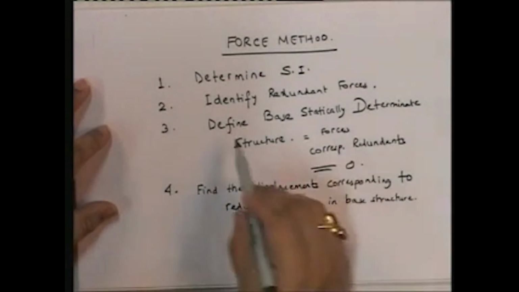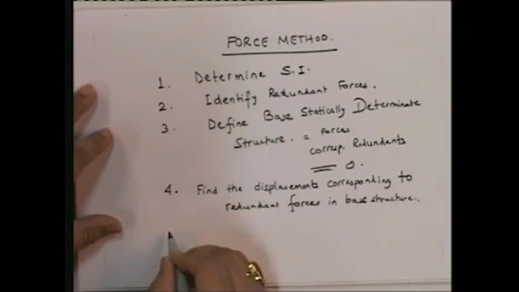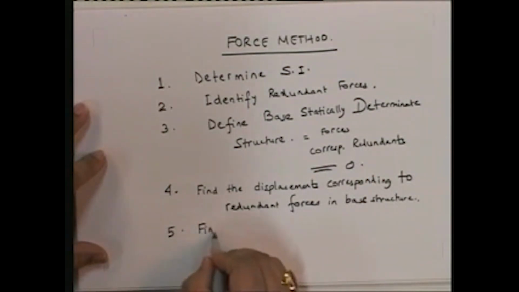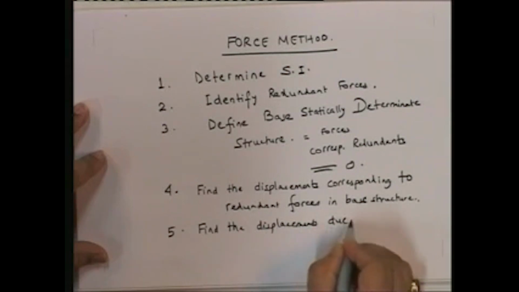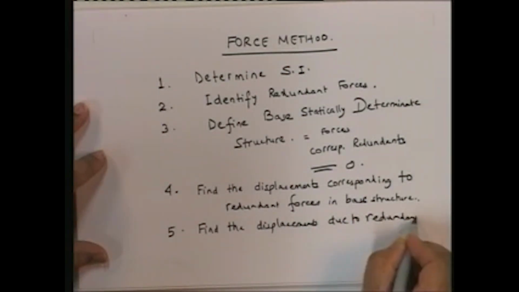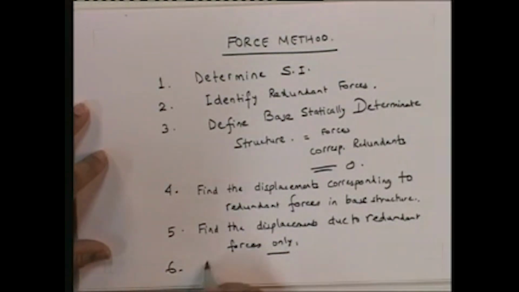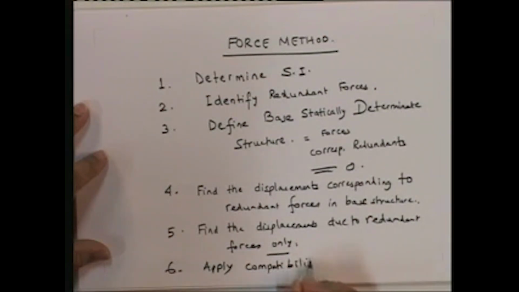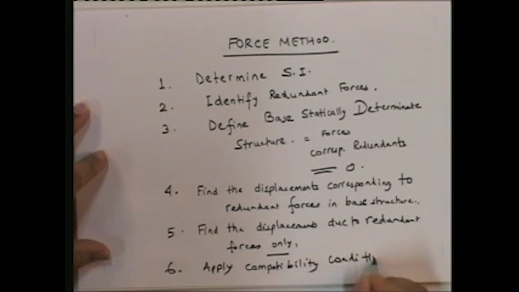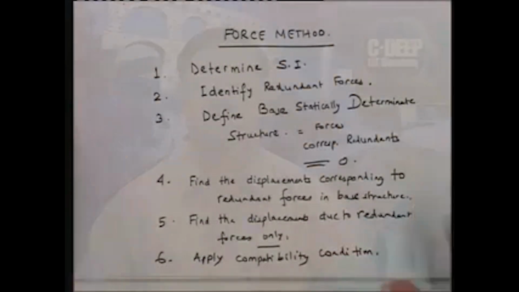So what you do is you define the base statically determinate structure, find the displacements corresponding to the redundant forces in the base structure, find the displacements due to redundant forces only, and 6, apply compatibility condition. These 6 steps totally define the force method, and that is what we have done in the previous lecture.